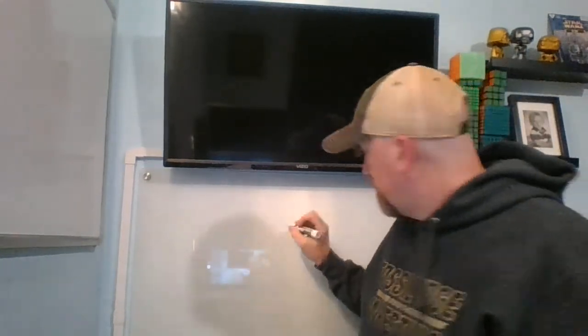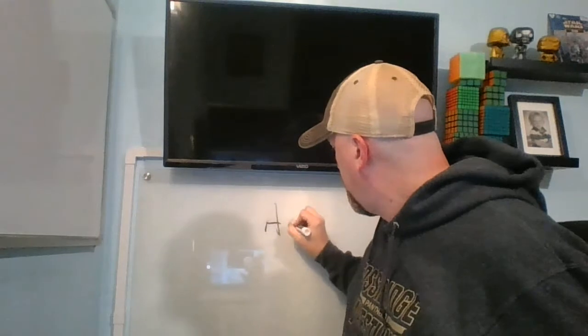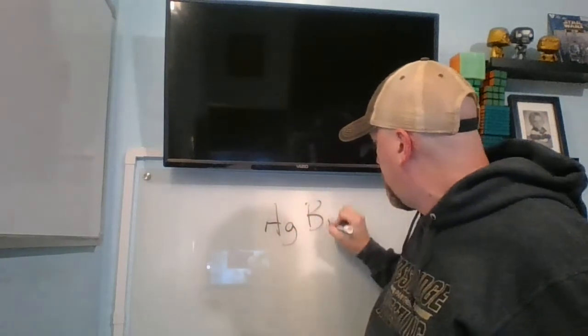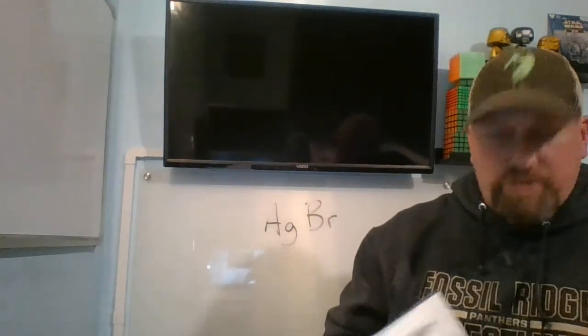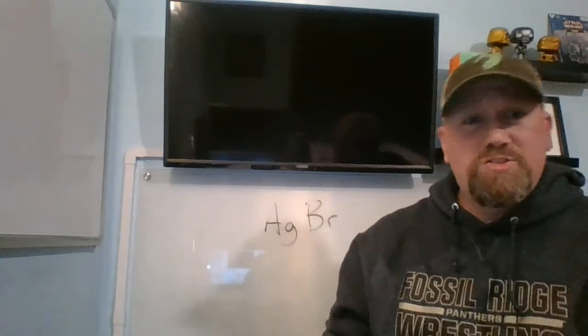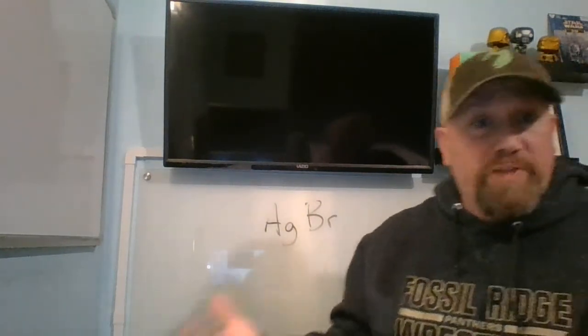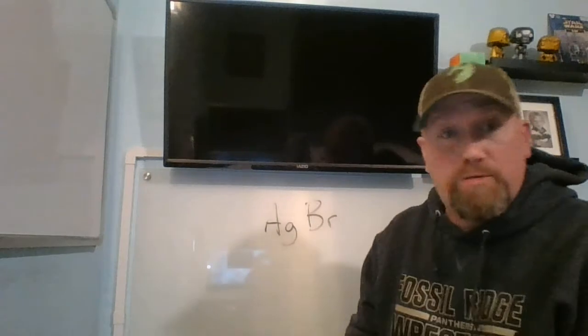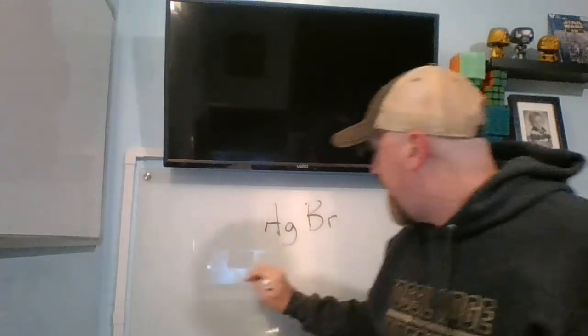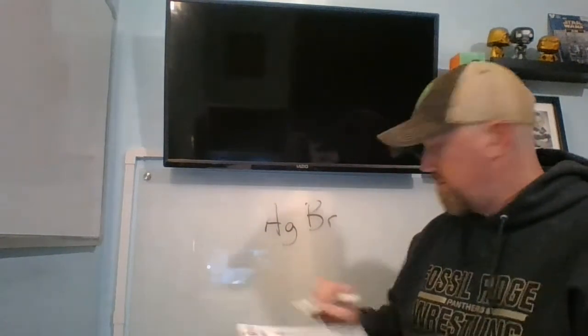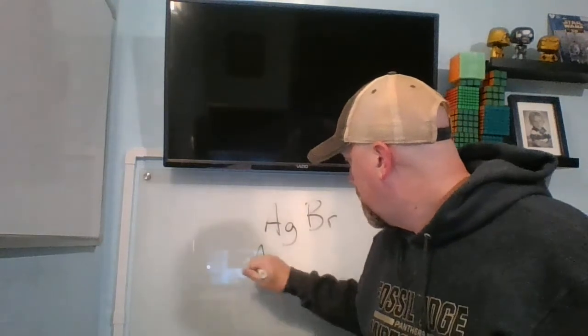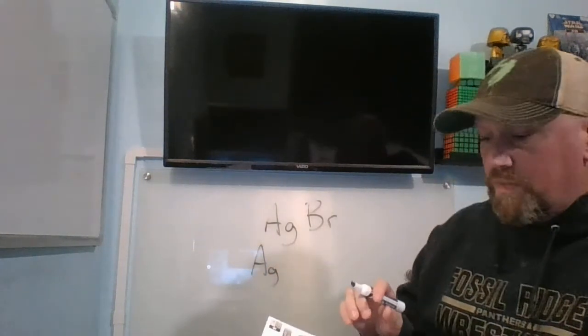All right, so let's look at silver bromide. We can split it up into two parts: silver, which is Ag, and bromine.